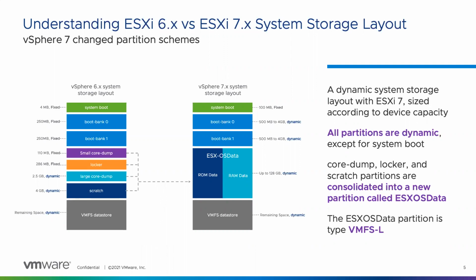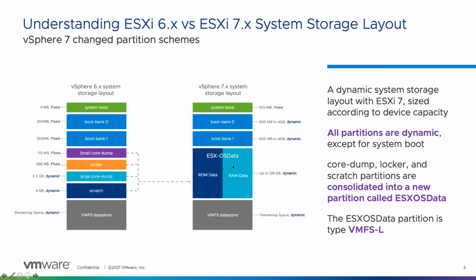But because of this increased IO request, we recommend that you keep the ESX OS data partition on a high endurance, locally attached persistent storage device. The reason is that the ESX OS data partition is more of an active partition. Whenever you do something like installing VMware Tools on your virtual machine, you access the ESX OS data partition.